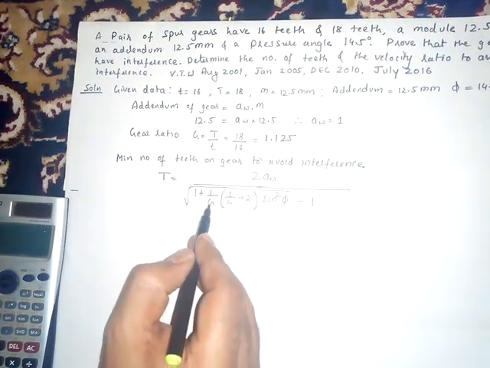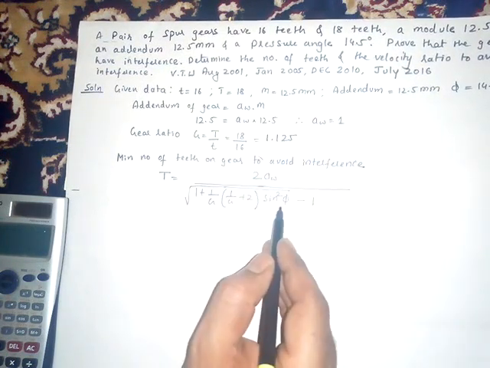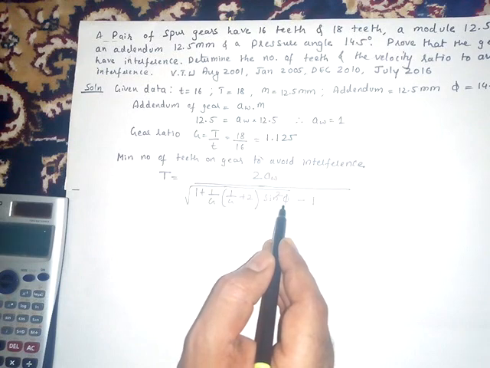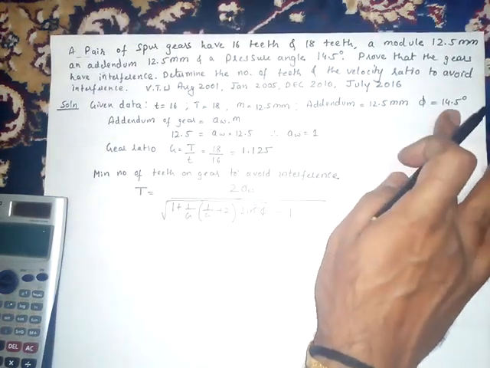So we have G value equal to 1.125, AW is known, phi is given as 14.5 degree.